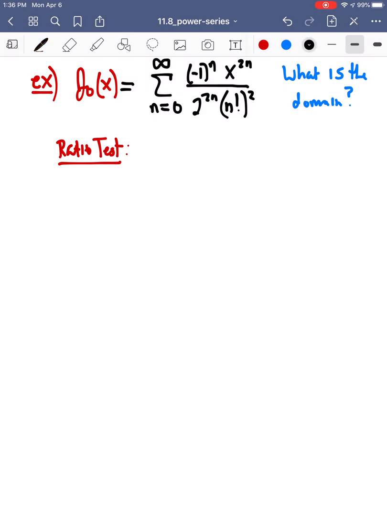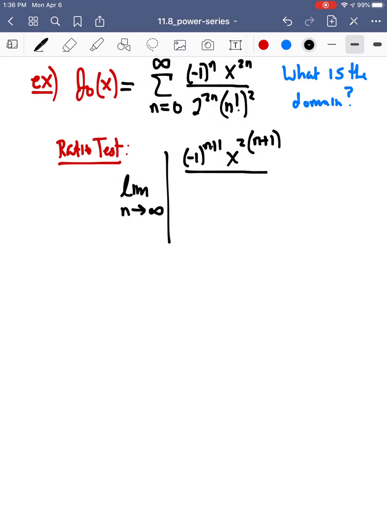All right, so we take the limit as n goes to infinity of the absolute value of the next term in the series, -1 to the n plus first, x to the 2 times quantity n plus 1, all over 2 to the 2 times quantity n plus 1.